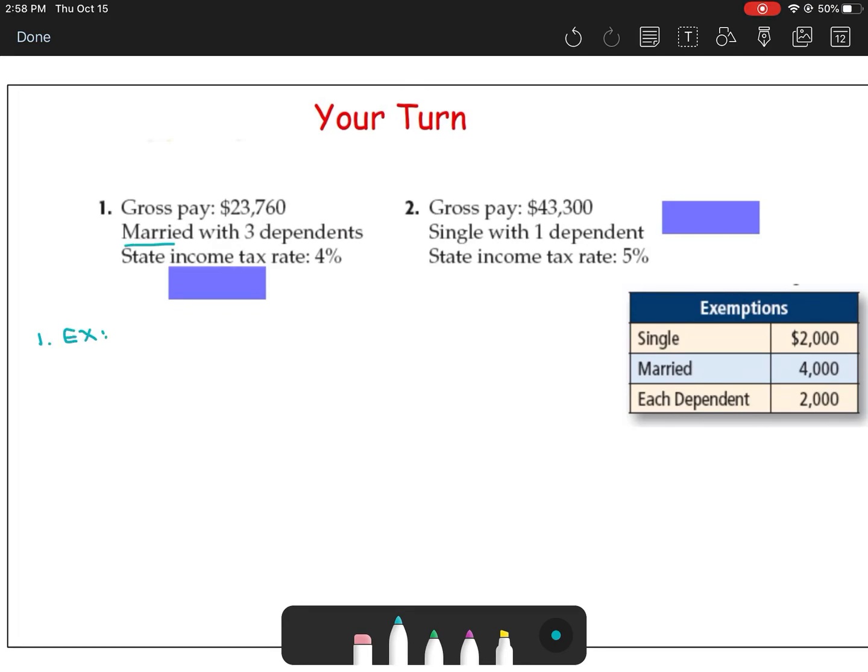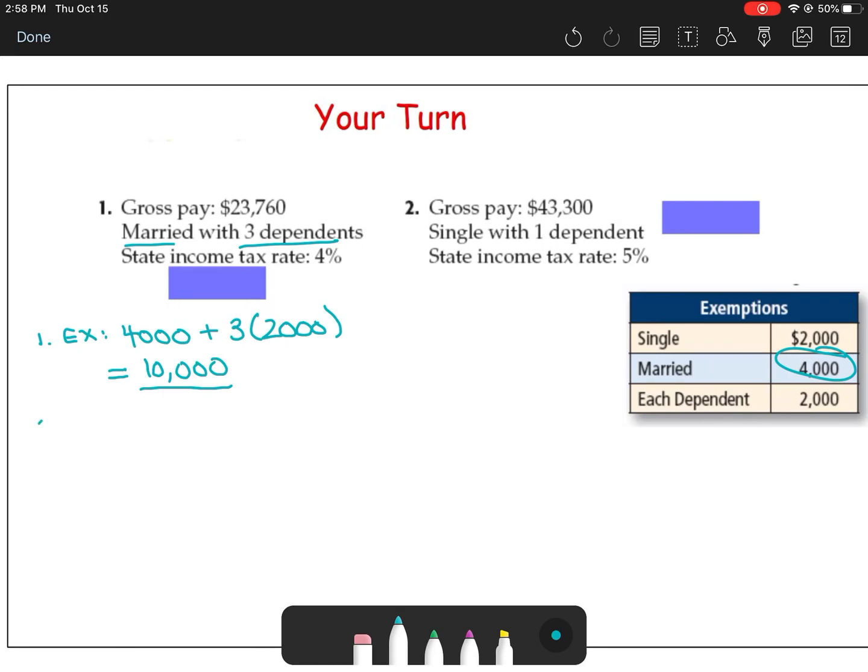Married with 3 dependents. So married is $4,000, and I have 3 dependents, so I'm going to take 3 times $2,000, since each dependent is $2,000. So $4,000 plus $6,000 gives me $10,000. So there are my exemptions.